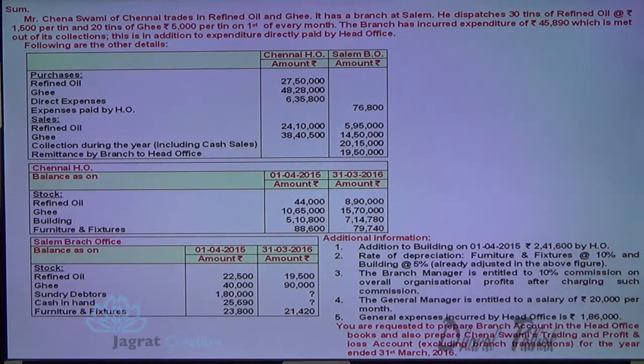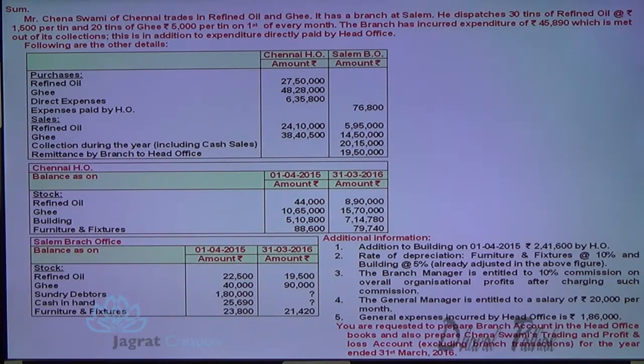Additional information: addition to building on 1/4/2015 was 2,41,600 by HO. Rate of depreciation: furniture and fixture 10%, building 5%, already adjusted in the above figures. Branch manager is entitled to 10% commission on the overall organizational profit.